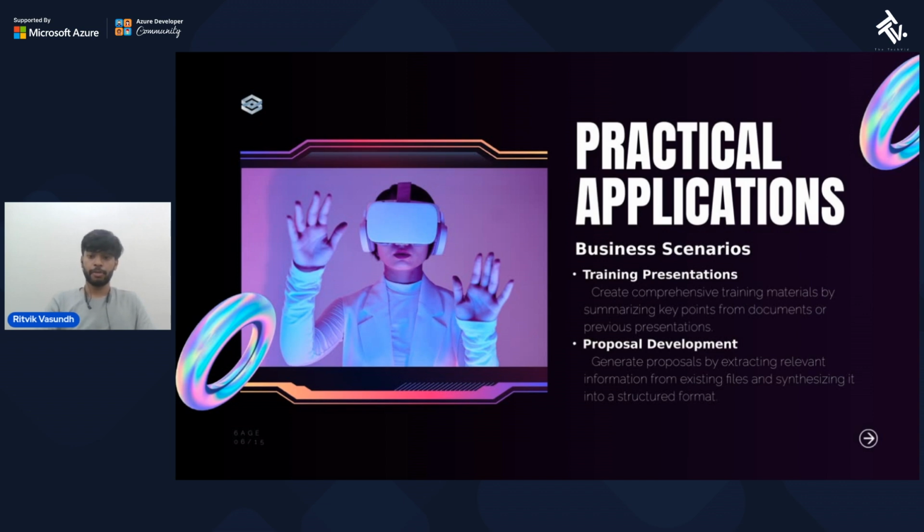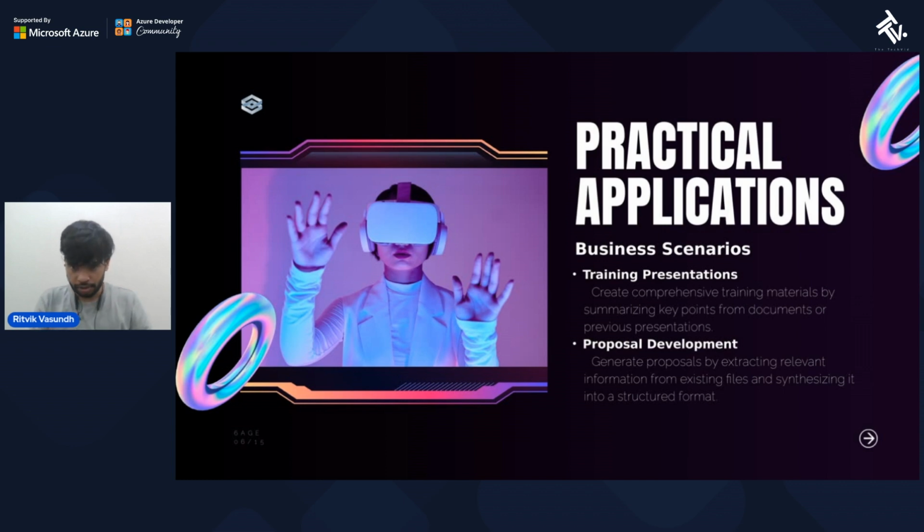It generates proposals by extracting relevant information from existing files and synthesizing it into a structured format. So suppose you have to develop a proposal for a company or a particular client, and you're not able to exactly pitch it. You're just too busy, and you want to do it immediately because the client might lose interest. So that's where this comes in.